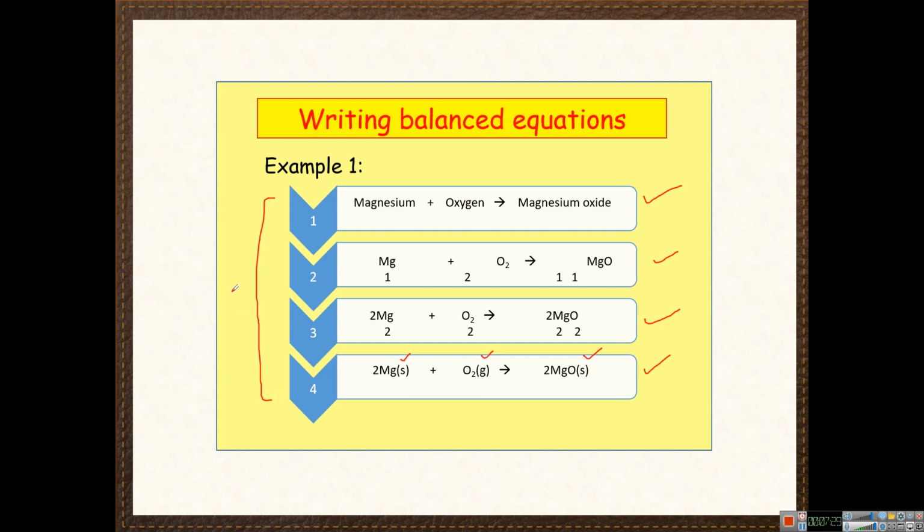Remember, this is very specific for the IGCSE chemistry 0620 exam, because they will definitely deduct marks if you're not writing these states, or if you're not balanced properly, or when the question is asking you to specifically write the word equation first and then balance it off. So you have to understand that these 4 steps are very, very crucial, right?